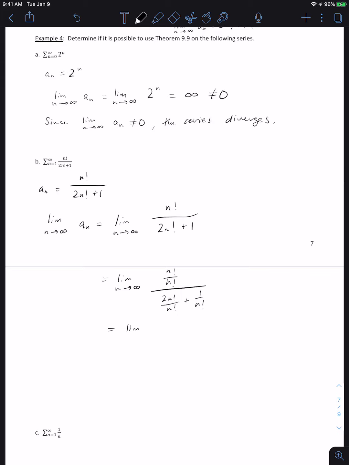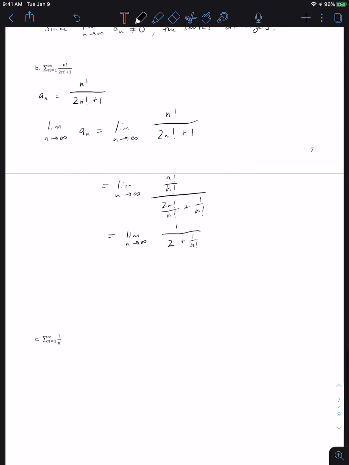Simplifying this, n factorial over n factorial is 1, 2n factorial over n factorial is 2, and then plus 1 over n factorial, I can't simplify. Now when I look at the limit as n goes to infinity, this piece is going to go to 0, so this whole thing goes to 1/2. So that's not 0.